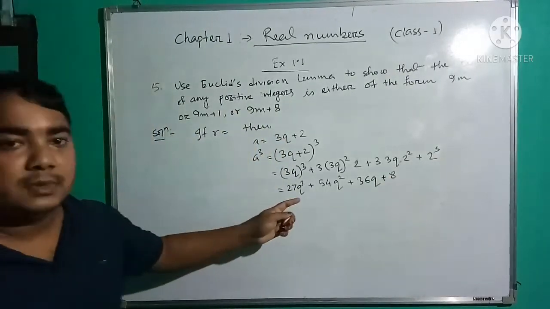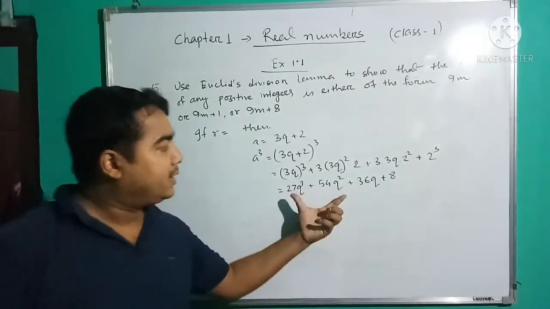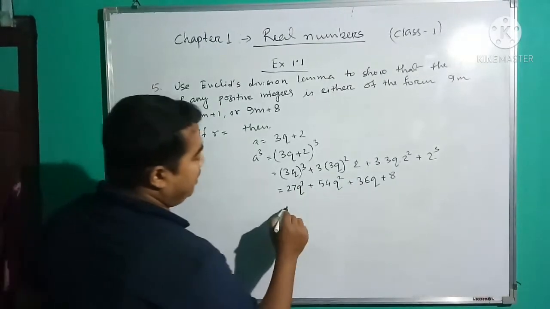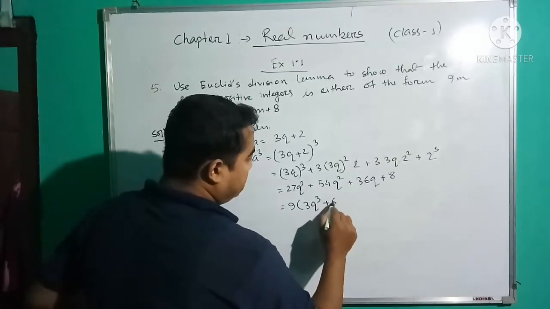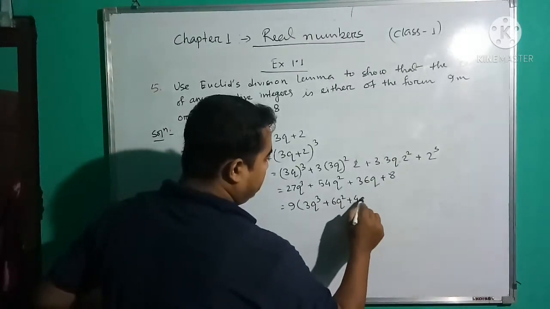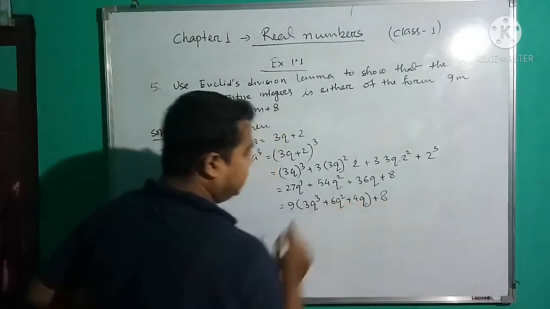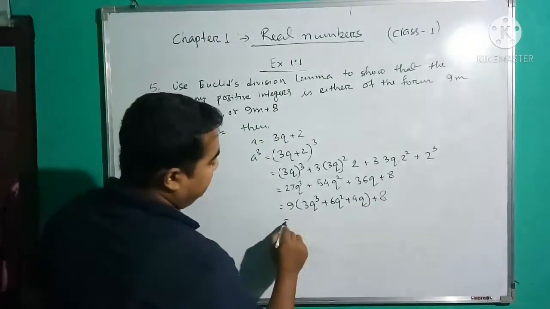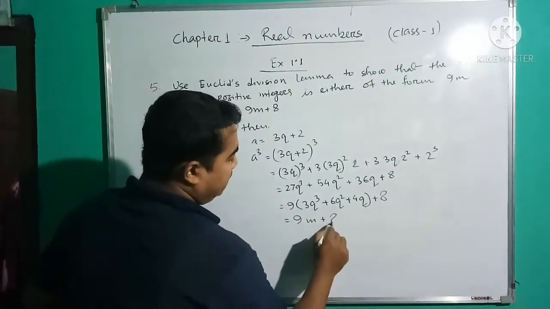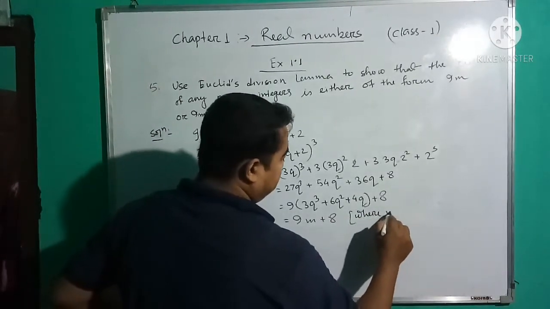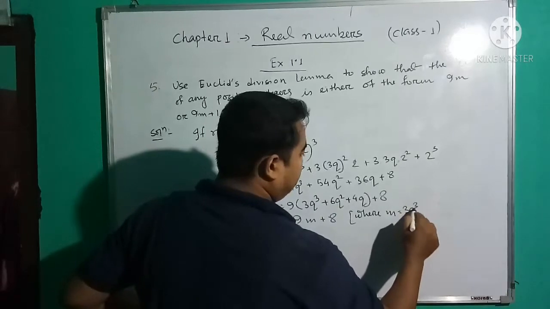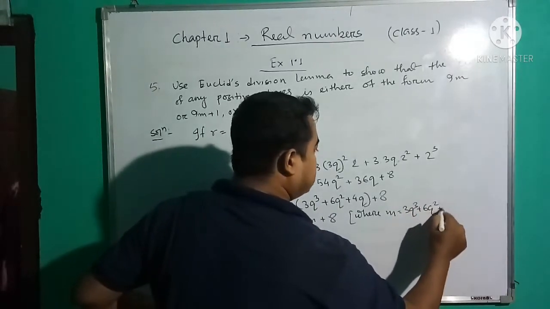Now from the first term, second term and third term take 9 common. 9 common, then 3q cube, 6 q square, 4q, plus 8. Okay, then the bracket part means always m, 9m plus 8, where m equal 3q cube plus 6 q square plus 4q.